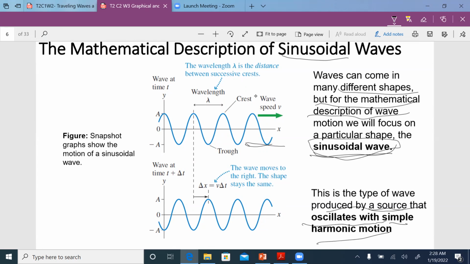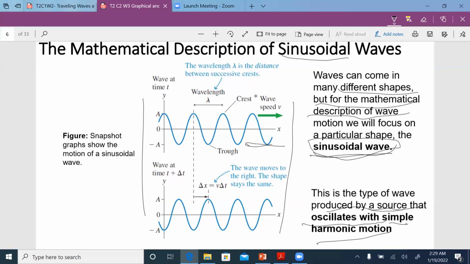So we can use a sinusoidal relationship to describe it. Having established that, we'll be using either cosine or sine to mathematically express what the wave motion is like. To do that, let's quickly understand the different structure of the wave.